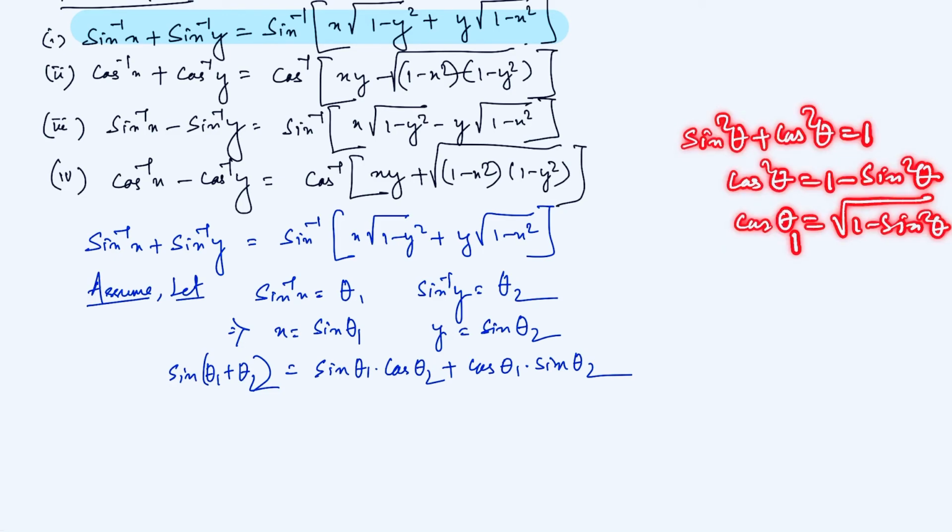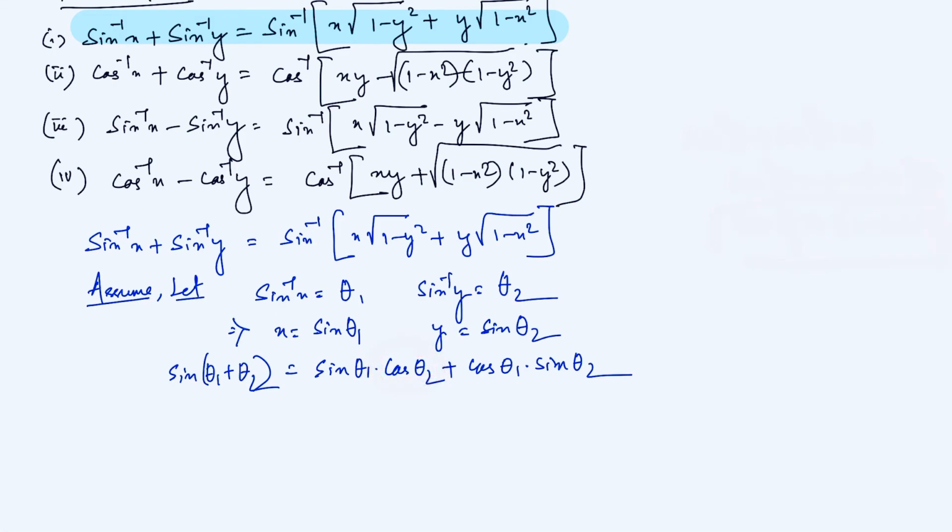Now we can replace this formula here. Sine theta 1 into cos theta 2, which is square root of 1 minus sine square theta 2, plus similarly square root of 1 minus sine square theta 1 into sine theta 2.